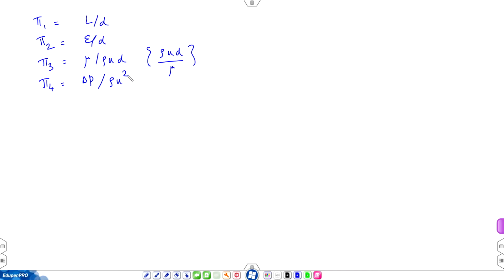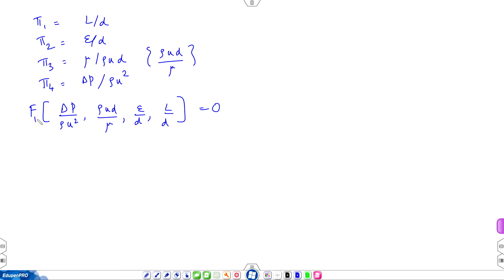Okay, so, the functionality, that means, I have carried out some experiments, I have tabulated the data and now I retabulate the data in terms of pi variables as f equal to 0.